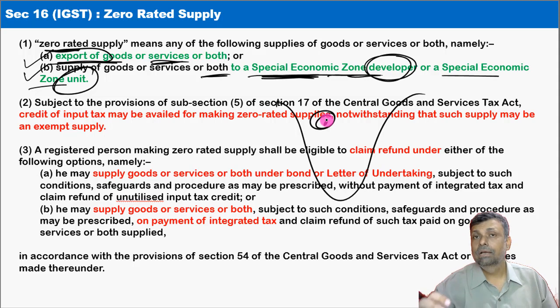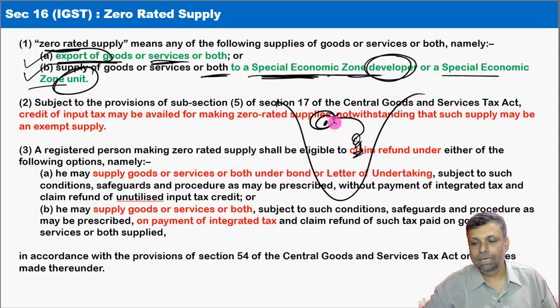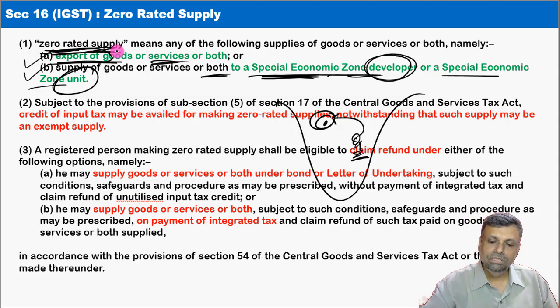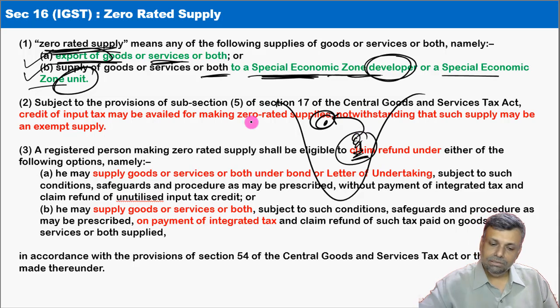The landmass is inside India. But if there is someone who is making a supply to SEZ developer or a unit, I repeat, someone who is making supply to SEZ developer or a unit, that will also be covered by the zero rated benefit. That means the treatment will be like an export that this particular gentleman is doing, and that gentleman will get the benefits of the zero rated supply.